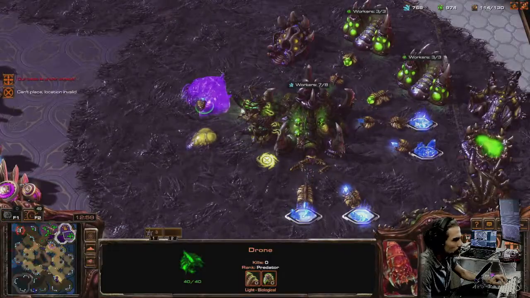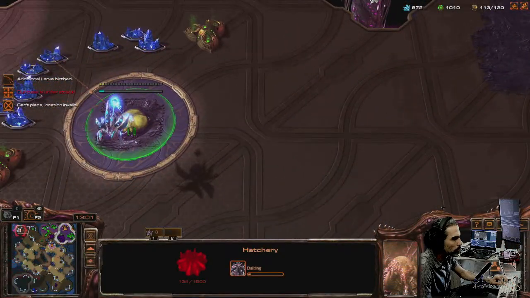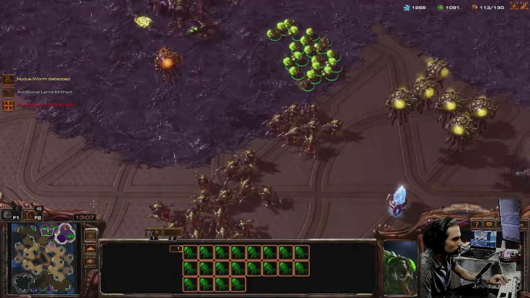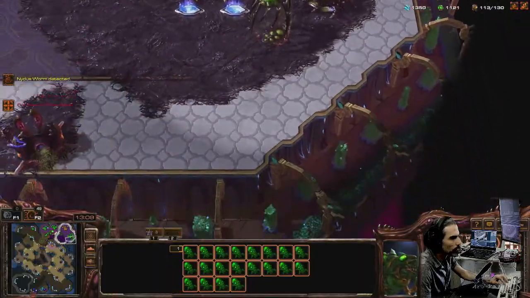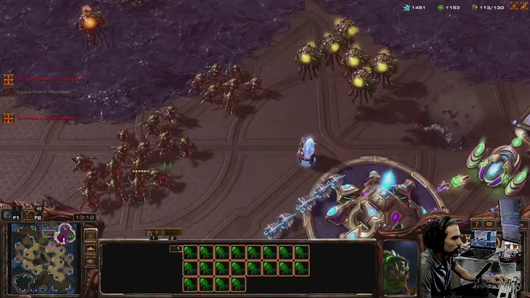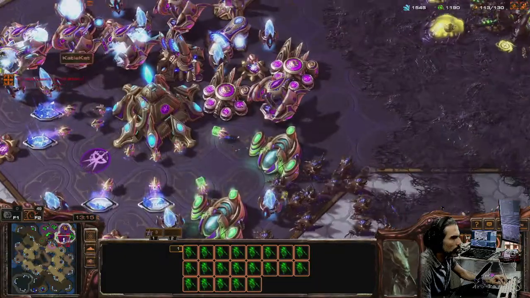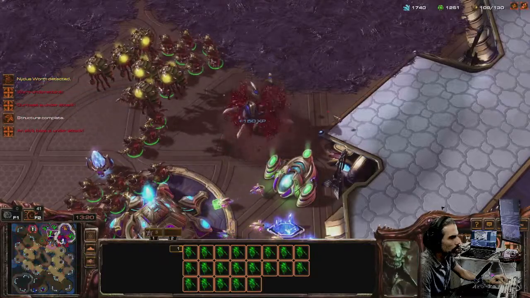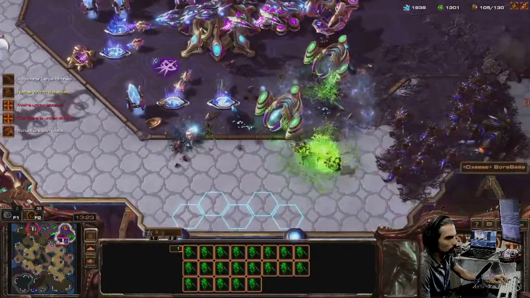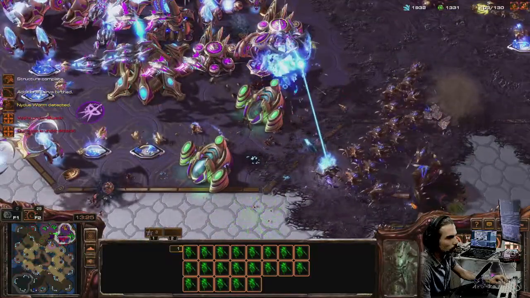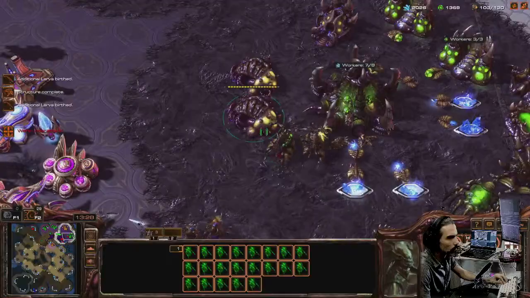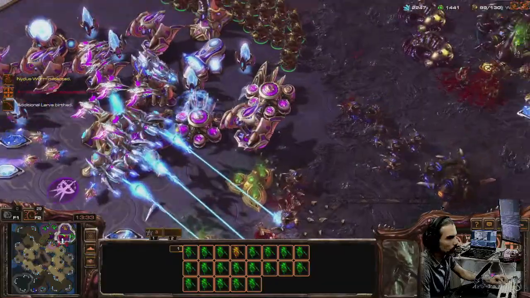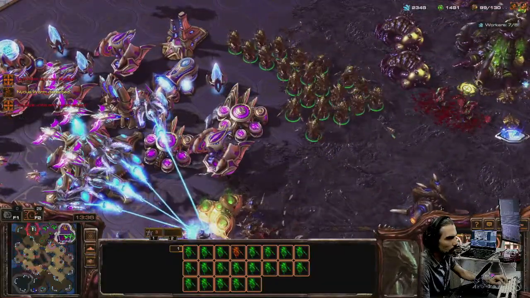The hive cluster is under attack. Our allies' base is threatened. Our allies are in combat.